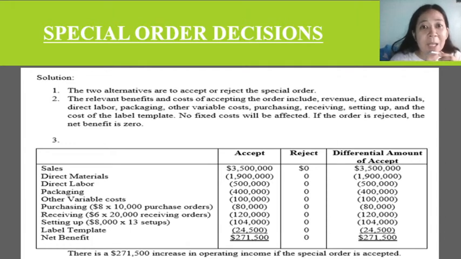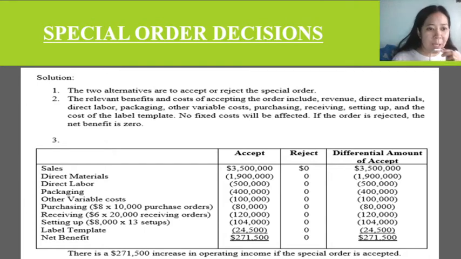This will include revenues, direct materials, direct labor, packaging, other variable costs, purchasing, receiving, setting up, and the cost of the label templates. These are all relevant costs, which are future costs that differ from one alternative to the other. No fixed cost will be affected, please take note. If the order is rejected, the net benefit for the company is zero, because they will still continue at their existing capacity of 80%.